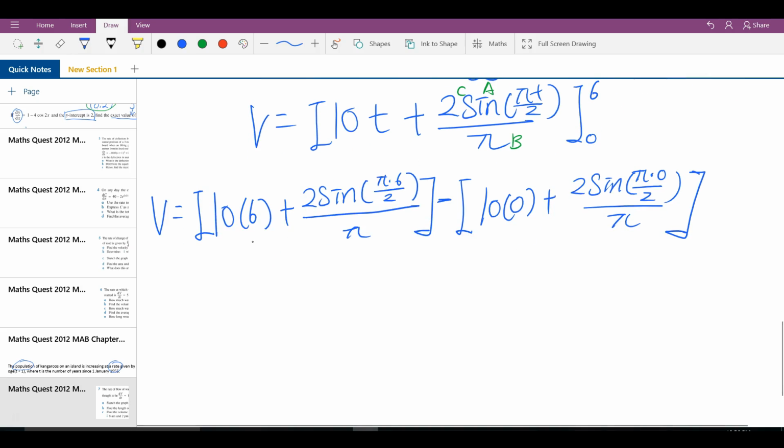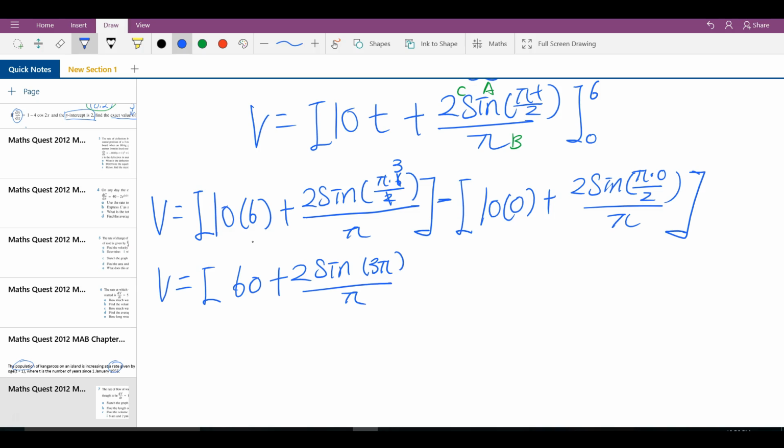So 10 times 6 is 60 plus 2 sine. Now we can simplify that into 3 pi over pi, minus 10 times 0 is 0 plus 2 sine. We've got a 0 in there, so everything becomes 0 over pi.